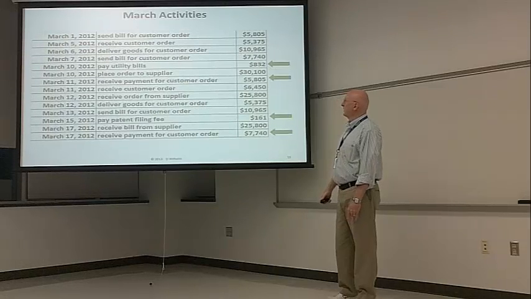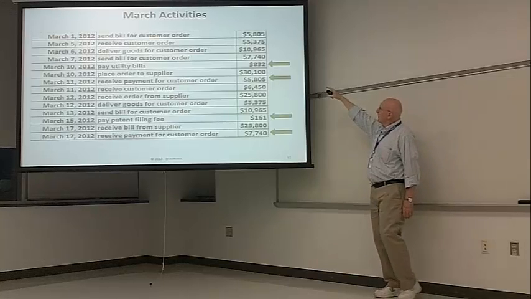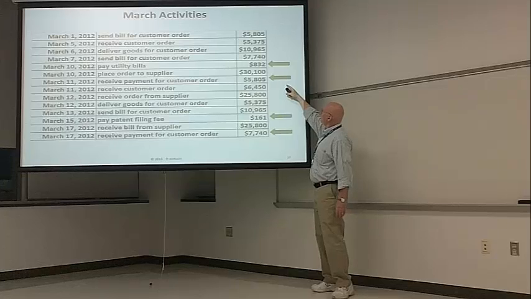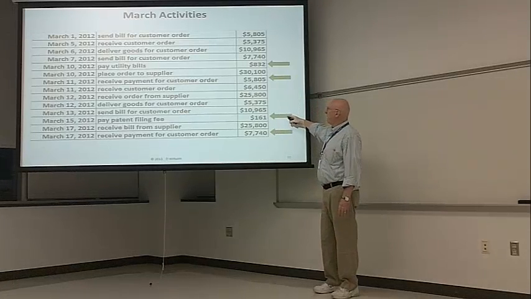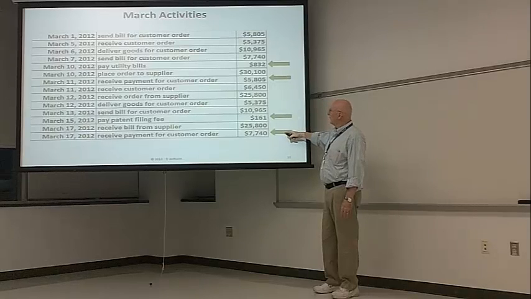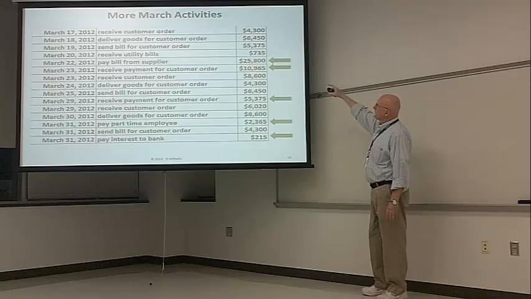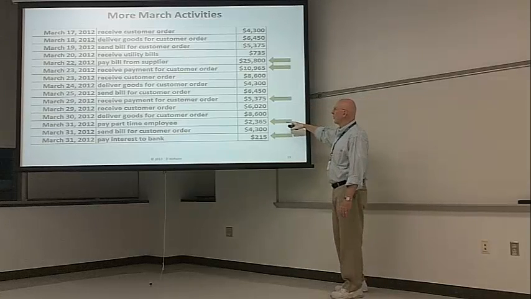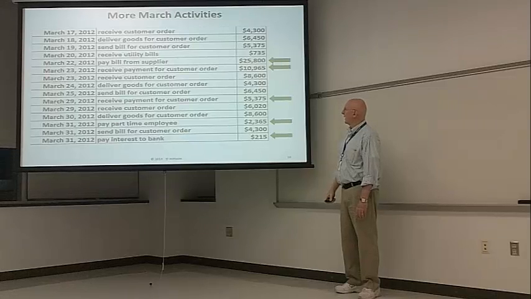March has a lot of activities. We have two sheets of activities for March. Pay utility bills, receive payment for customer order finally. Pay patent filing fee, receive payment for customer order, great. Pay bill from supplier, receive payment for customer order, receive payment for customer order, pay part-time employee, and pay interest to the bank.